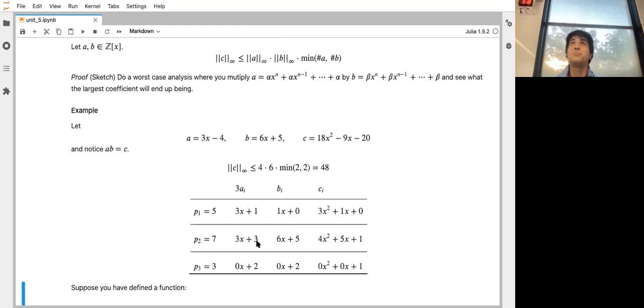And then mod 7, that's 5, because you get 28, remainder 5. And then 15 mod 7 is 1. So again, you're using your polynomial multiplication algorithm mod 7 to take the product of these two things to generate this. And then you can do one more, p3, and you generate the product of those two things here.